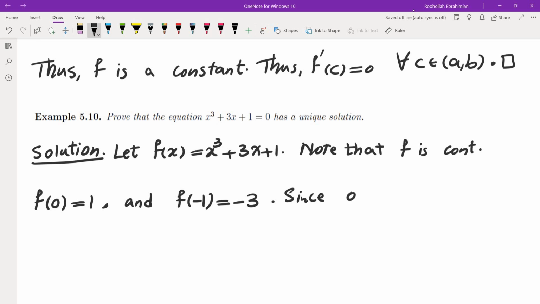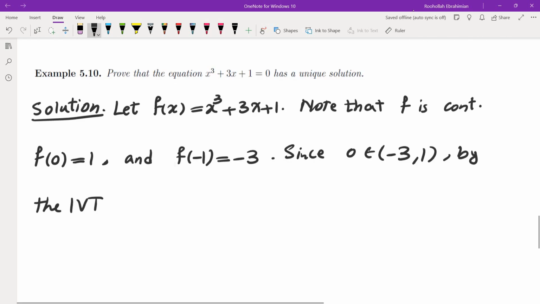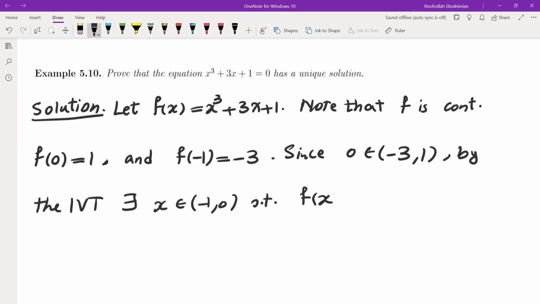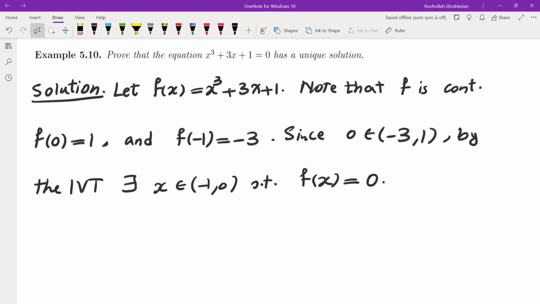Since 0 is between negative 3 and 1, by the intermediate value theorem, there is some x between negative 1 and 0 such that f of x is 0. So there is a solution to the equation.